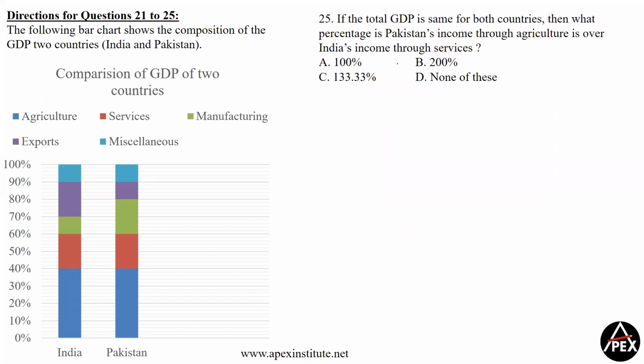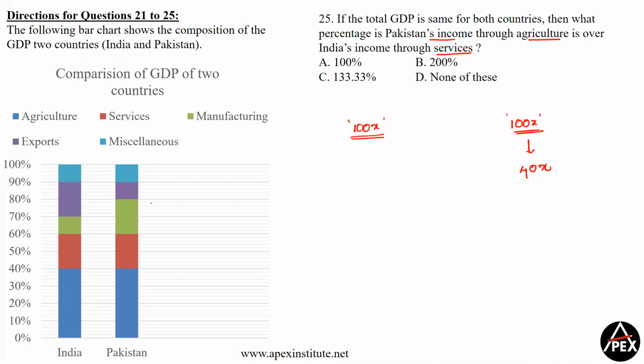Now, if the total GDP is same for both countries, so now let us consider the total GDP of India is 100x and Pakistan is also 100x. Then what percentage is Pakistan's income through agriculture? So what is Pakistan's income through agriculture? It will be 40% of 100x, so 40x is over India's income through services.